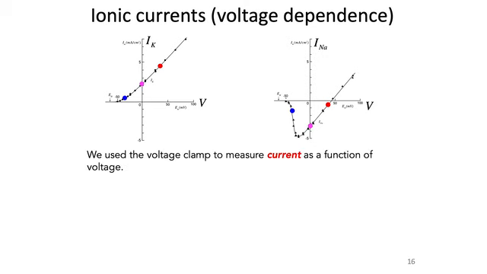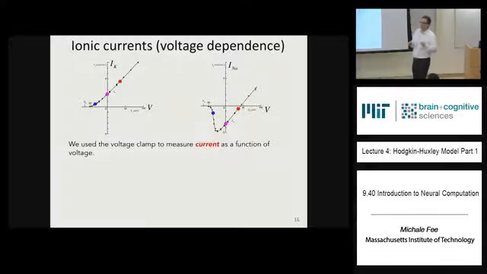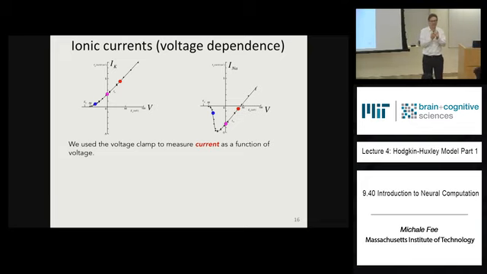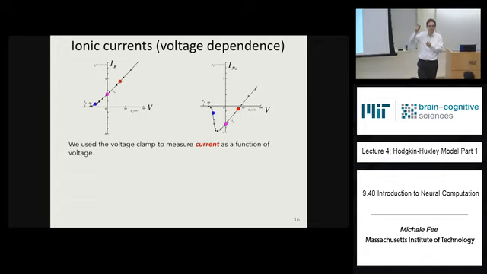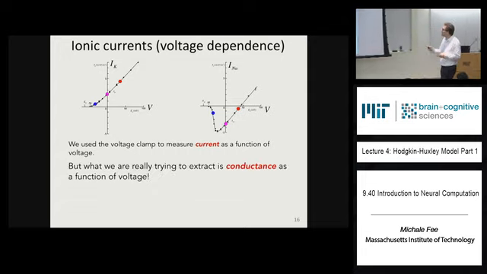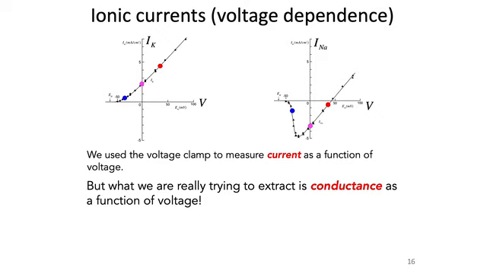I just replotted them here. So now remember that we use this voltage clamp to measure current as a function of voltage. But what is it that we're really trying to understand? We're really trying to understand the conductances, those resistors, right? We're trying to understand the voltage and time dependence of those conductances. All right, so we're trying to extract conductance as a function of voltage.